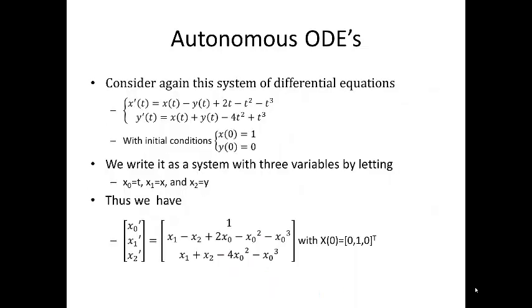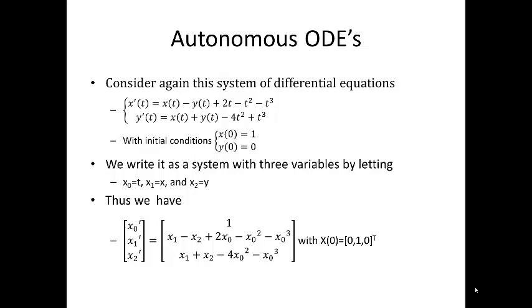So consider again the system that we started with, the coupled system. x prime of t is equal to x of t minus y of t plus 2t minus t squared minus t cubed, and y prime of t is equal to x of t plus y of t minus 4t squared plus t cubed. And we have our initial conditions: x0 is equal to 1 and y0 is equal to 0. We can write it as a system with three variables by letting x0 equal t, x1 equal x, and x2 equal y.